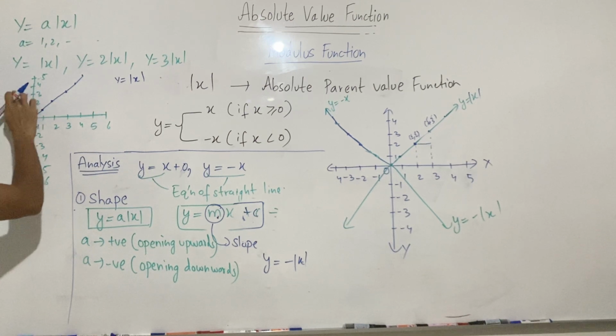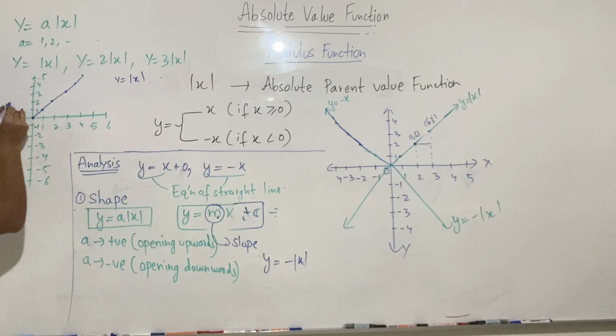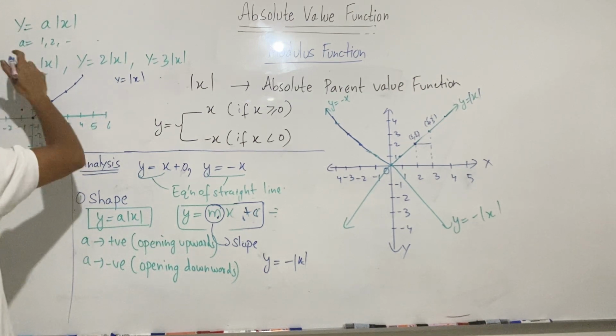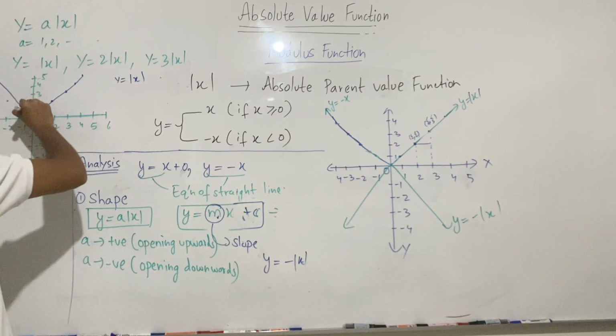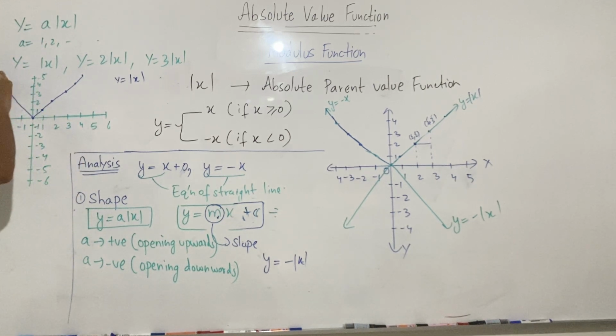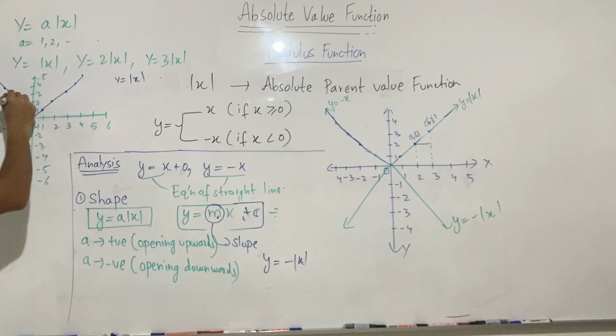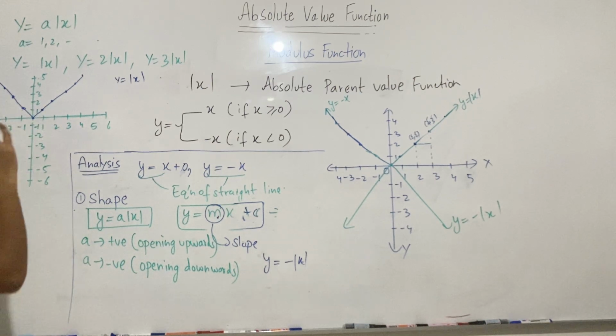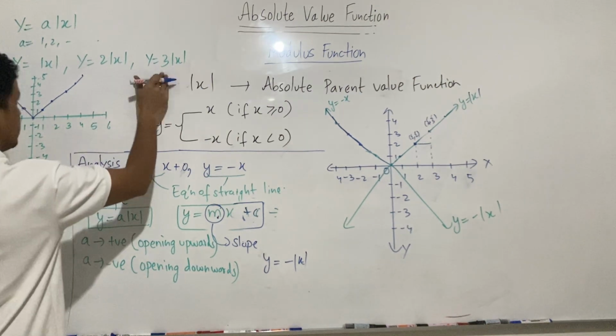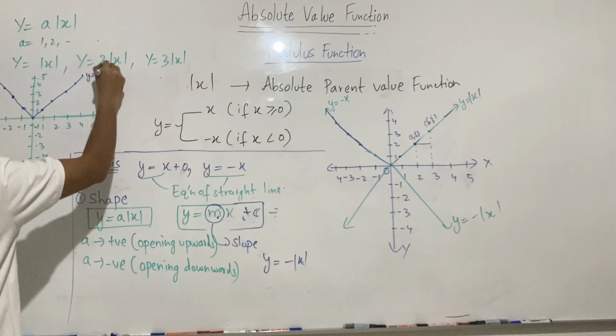Minus 1, 1, minus 2 here, minus 3, 3, minus 4, minus 5. So it's going to be like this, okay. So this is y equal to absolute x.